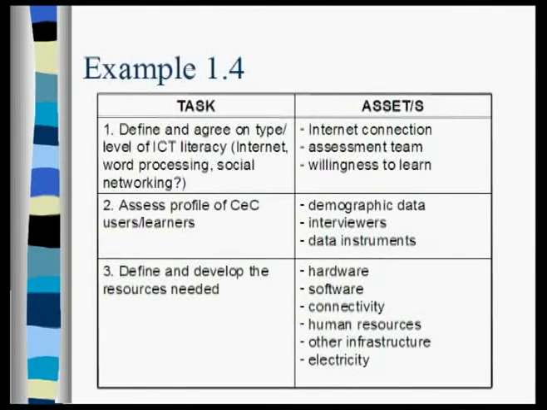Does it mean that the person knows how to do word processing, or does this mean that person knows how to do social networking like Facebook? So what are the assets that you need to do these definitions? Perhaps you would need internet connection. Perhaps you would need to set up a team that would assess ICT literacy in your community. And even motivation or willingness to learn can be an asset in this case.